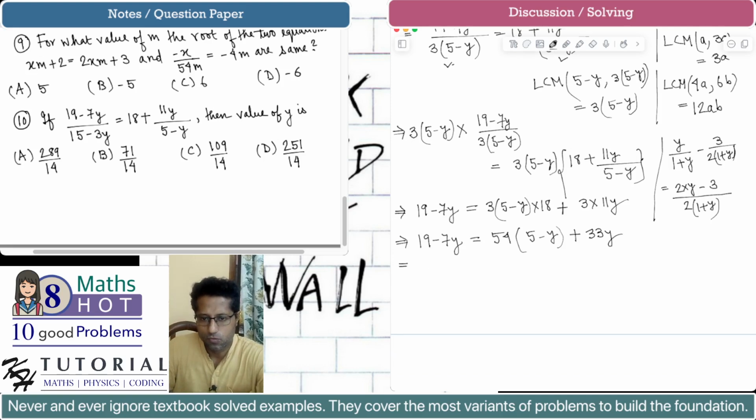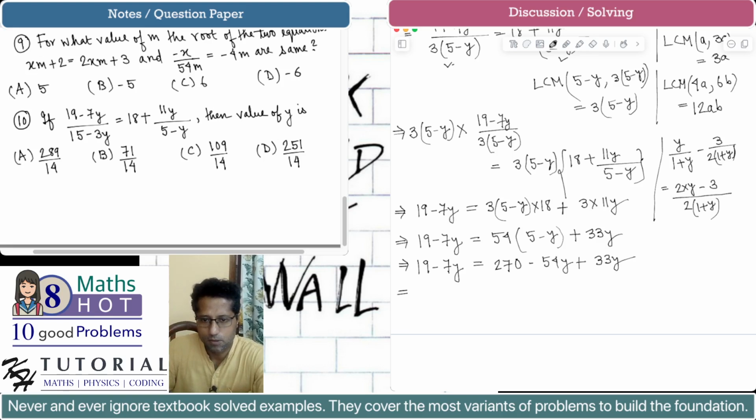Now again we have to do a little further simplification of the RHS. That is 54 multiplied by 5 minus y. 54 multiplied by 5 is 270, minus 54y plus 33y.